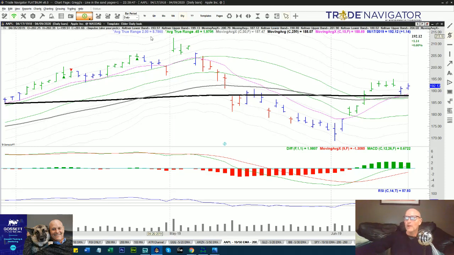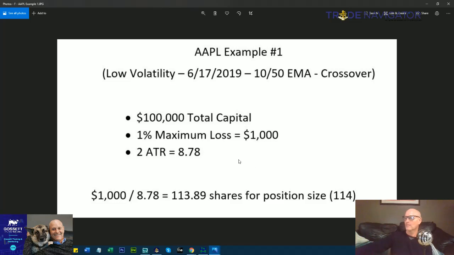Well, then I go over here and I look at the ATR. This 2 times ATR is 8.7860, so just basically 8.78. So you remember the formula: 1% maximum loss, and 8.78 is the ATR that I just showed you on the other screen.